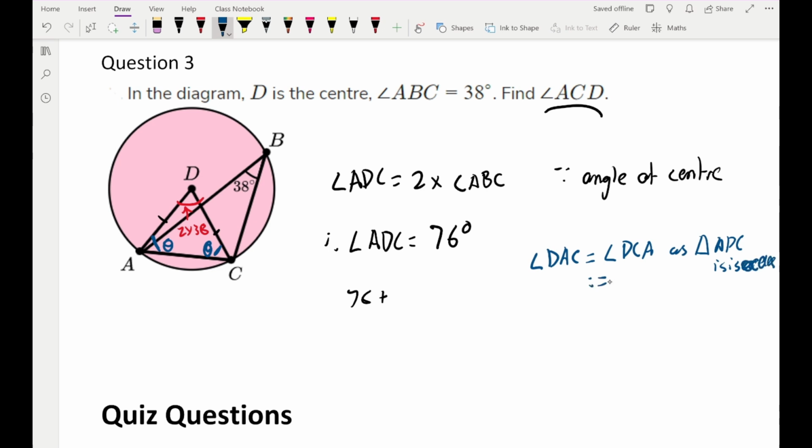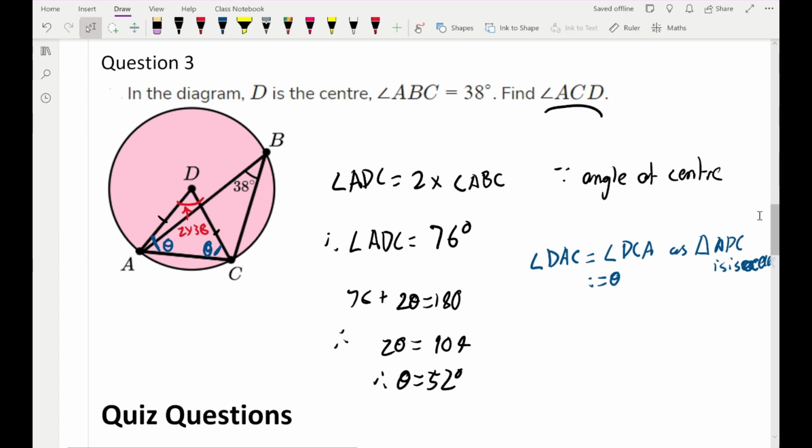And let's just call this equal to theta. Great. 76 plus 2 theta equals 180. Therefore, 2 theta equals 104. Therefore, theta equals 52. So I just want to show you there that you might get some questions that you think are going to be one thing, but then end up being other things. And this is part of getting to the end of the topic and doing revision on other stuff.